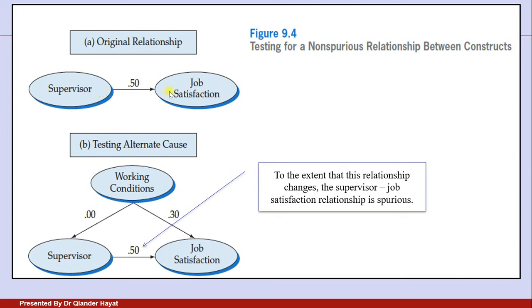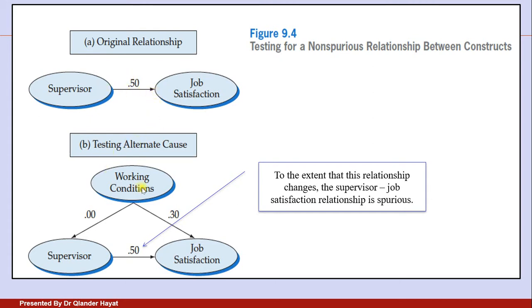In this relationship, the effect of supervisor on job satisfaction is 0.50. It means when supervisor support increases by 1 unit, job satisfaction will increase by 0.50 units. This is basically the original relationship, and we have specified these two relationships.